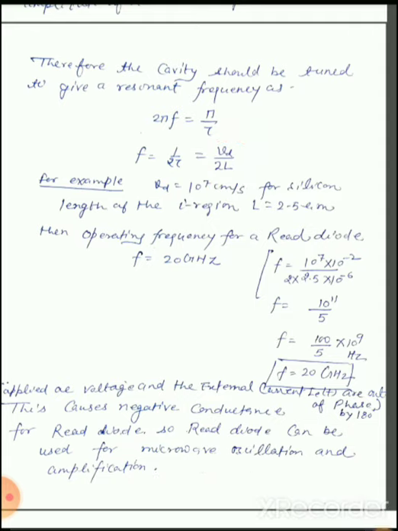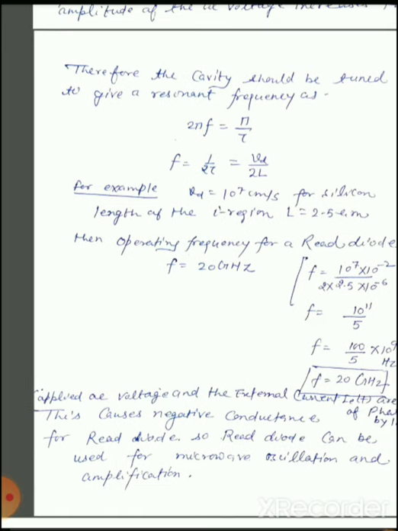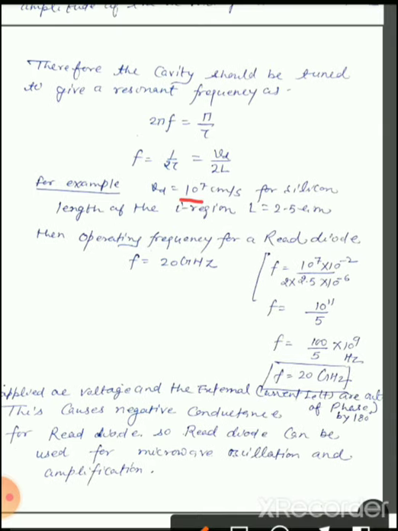For example, for a silicon Read diode, Vd equals 10 raised to the power 7 centimeter per second, and the length of the intrinsic region L is 2.5 micrometer. Then in this condition, what will be the resonant frequency or operating frequency?